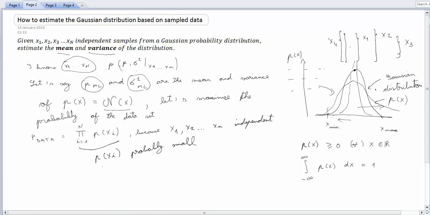So that's why it is maybe better to maximize the logarithm of this probability, which is actually equal to the sum from i equals 1 to n of the logarithm of p of xi.